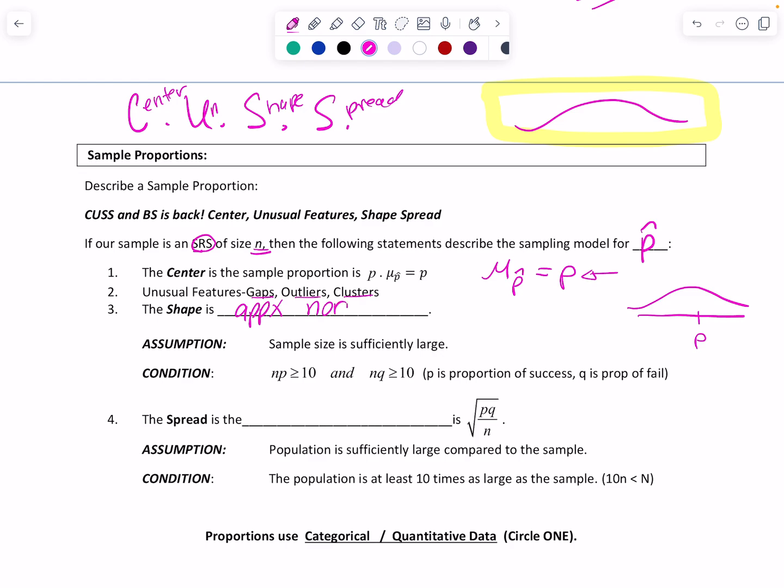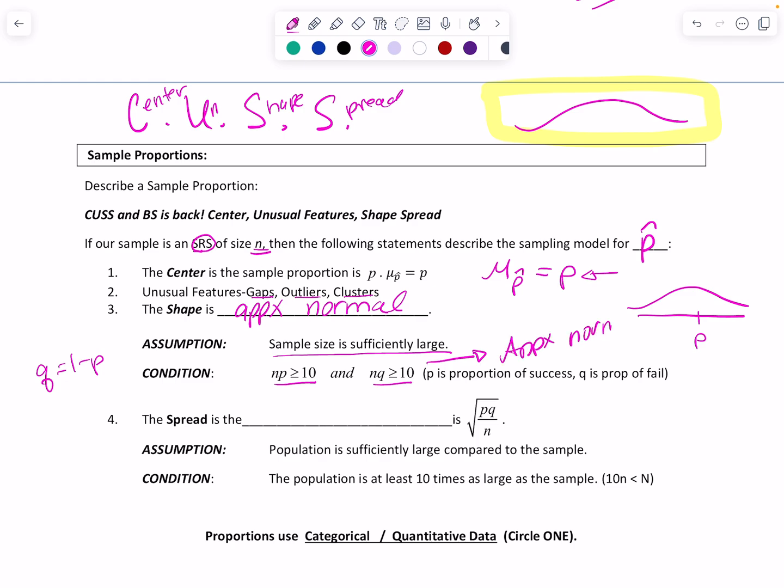Why is our shape approximately normal? Well, you already learned this. We have a sample size sufficiently large. Does this look familiar? NP and NQ, where Q is equal to 1 minus P, are greater than 10. Remember we learned in our binomial distribution that if NP and NQ were greater than 10, then we have approximately normal.